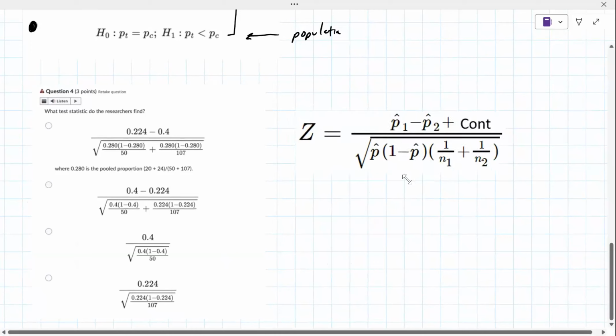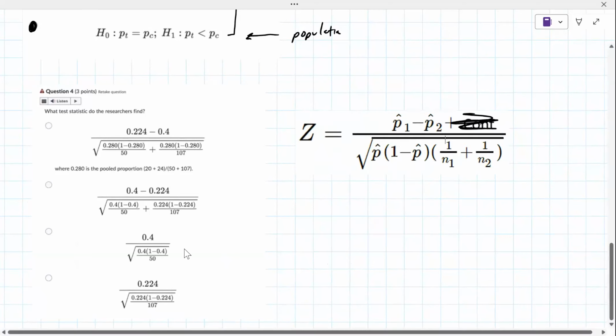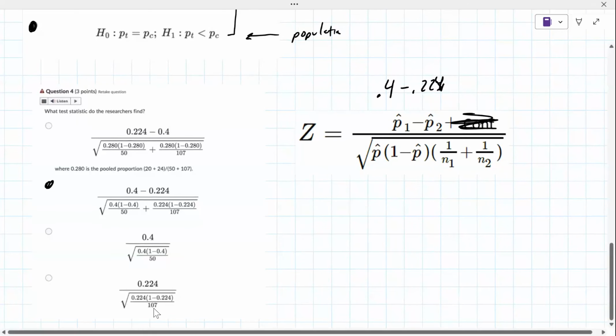It's going to be the 0.4 minus the 0.224. We've been doing that a bunch. That's leading us to this one. And then the rest of this, actually none of these are. Oh, I'm sorry. That is not correct.